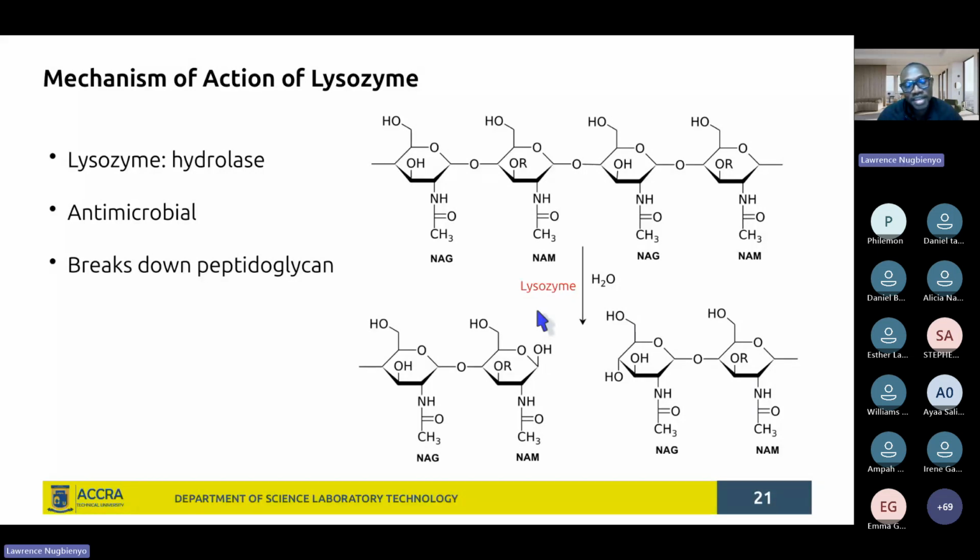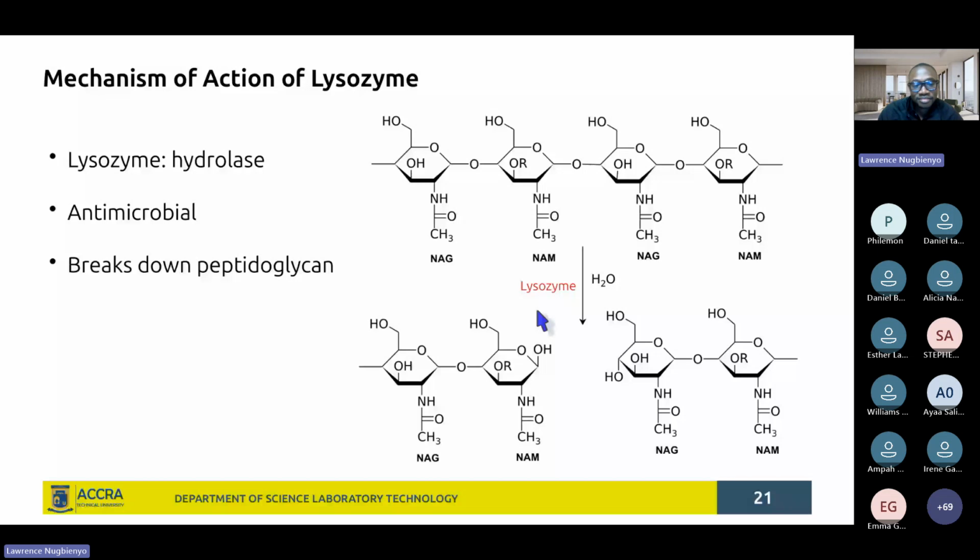Lysozyme is an antimicrobial enzyme. Naturally, it's produced in our bodies. Like you find lysozyme in the tears that come from our eyes. You find it in virtually all tissues, because it's needed for our innate immunity against bacterial infection.